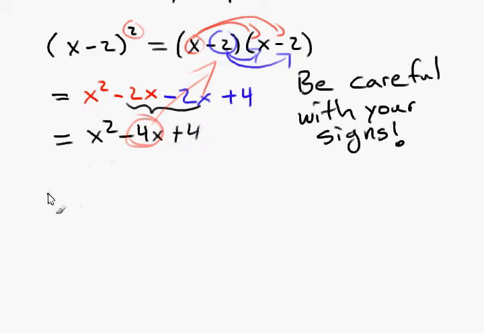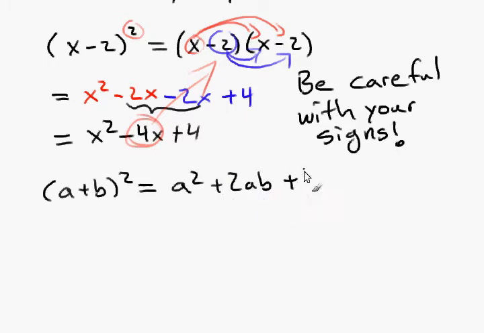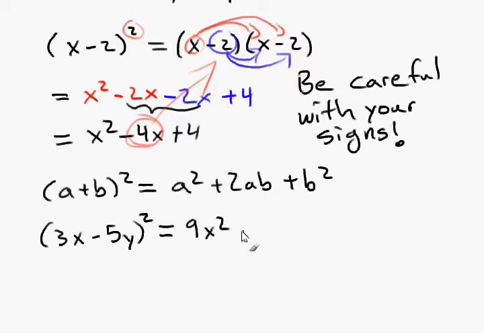Even if we skip ahead and we think in terms of something general, a plus b squared, this is always going to turn out to be a squared plus 2ab plus b squared. So 3x minus 5y squared will be 9x squared minus 30xy plus 25y squared.